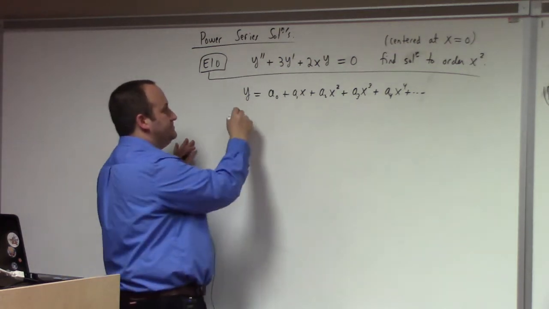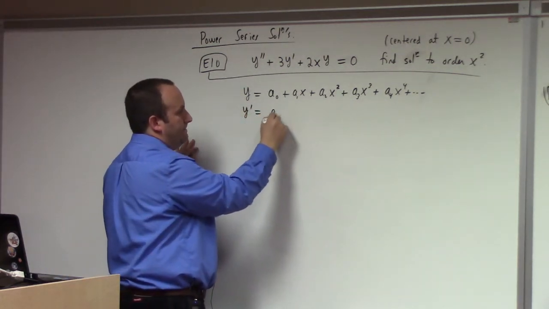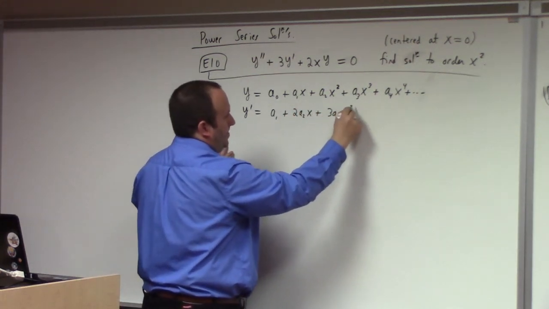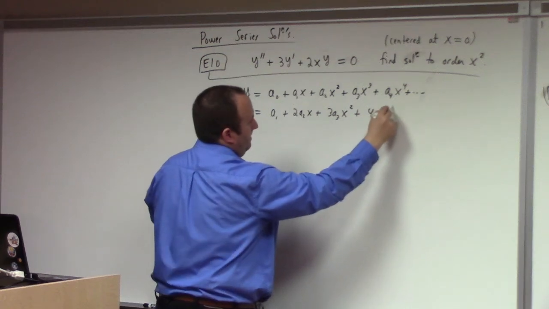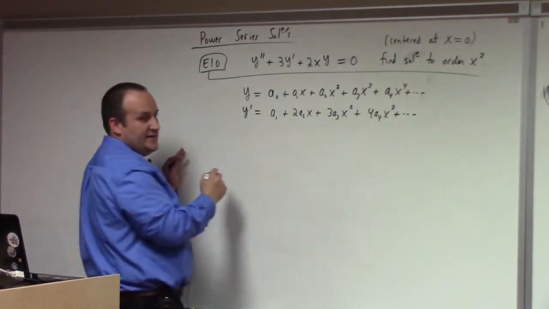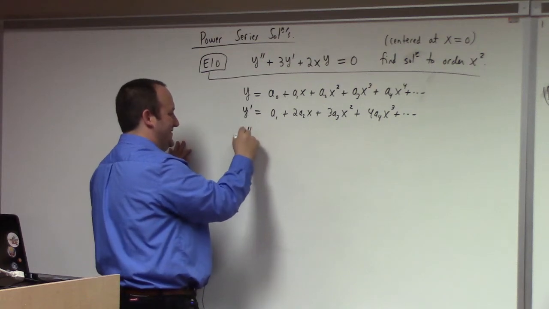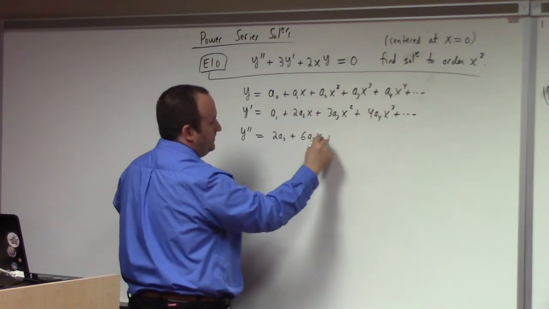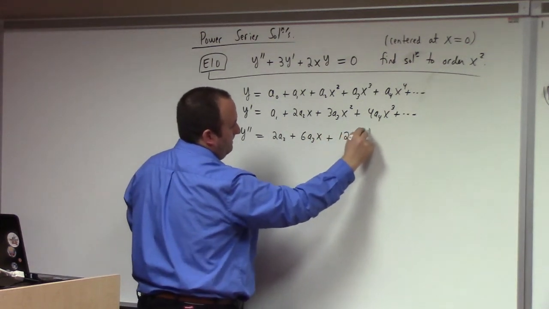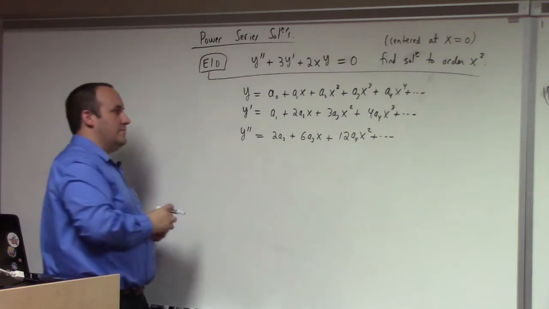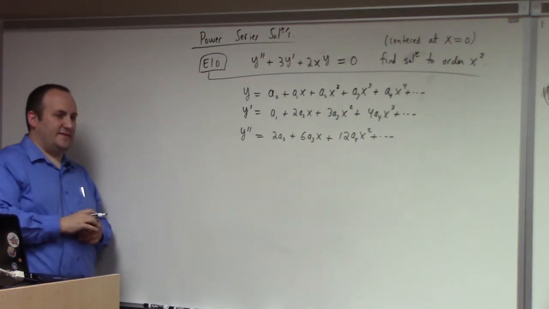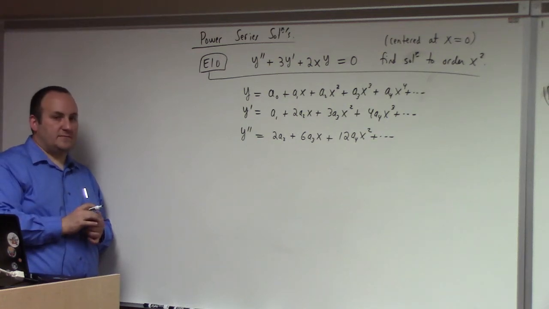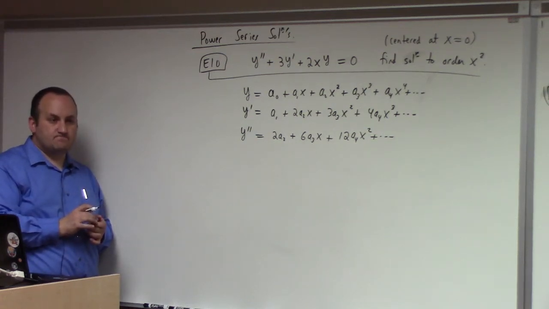So we differentiate term by term, and then differentiate again. I expect that that is enough to give me information about the series up to the quadratic order.